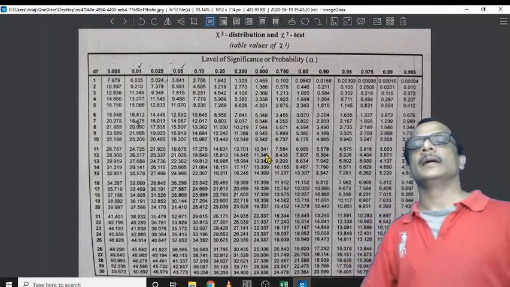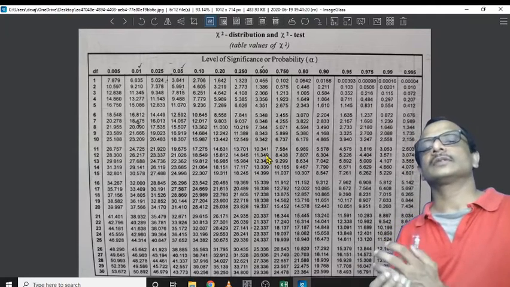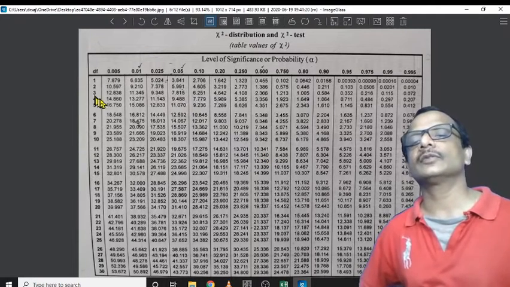Yeah, this is the chi-square table for degrees of freedom 4.